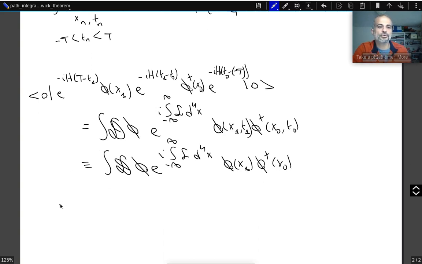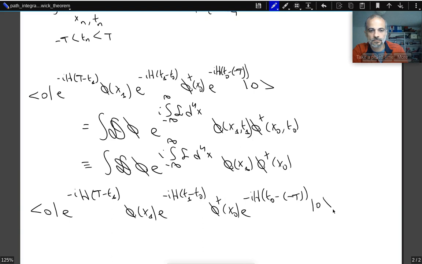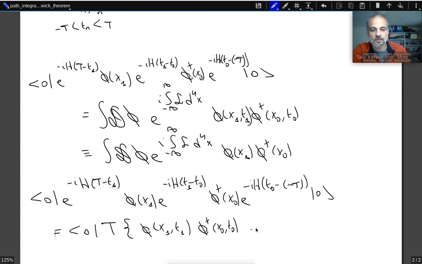But keep in mind that we had also shown in our previous lectures that this matrix element is actually equal to the matrix element of the time ordered product of phi x1 t1, phi dagger x0 t0, e to the power minus i integral of V of t dt from minus infinity to infinity.